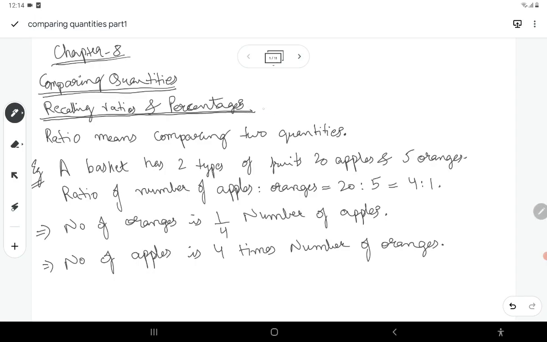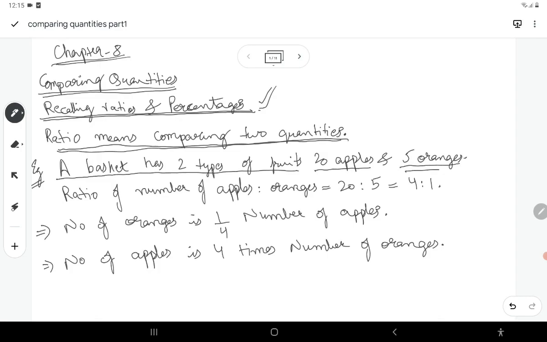So the first concept is recalling ratios and percentages. What are ratios? Ratio means comparing two quantities. Let's understand the concept of ratios by taking an example. For example, a basket has two types of fruits, 20 apples and 5 oranges.